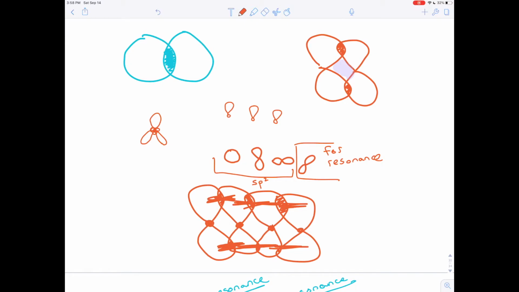And that triangle is flat, so it's trigonal planar. The molecule, around that atom, will be trigonal planar. Now the p orbital on top of that would be going in and out of the plane, perpendicular to those.